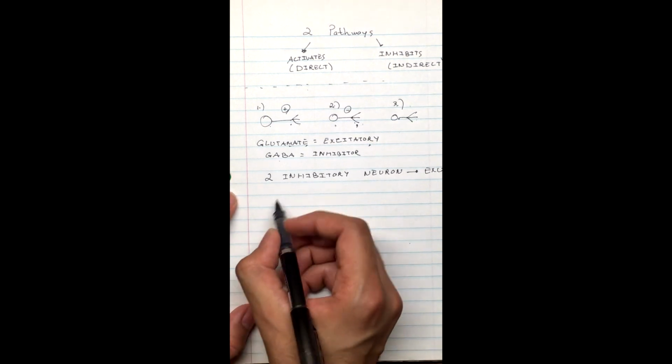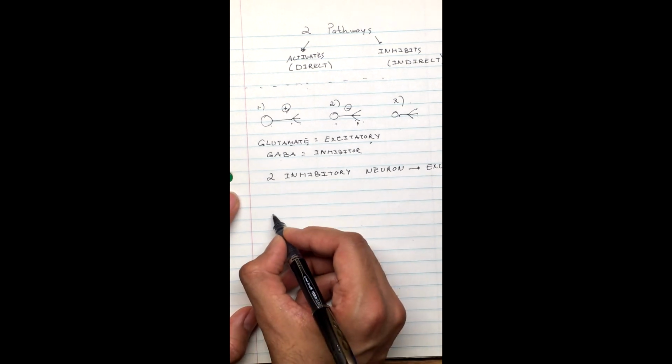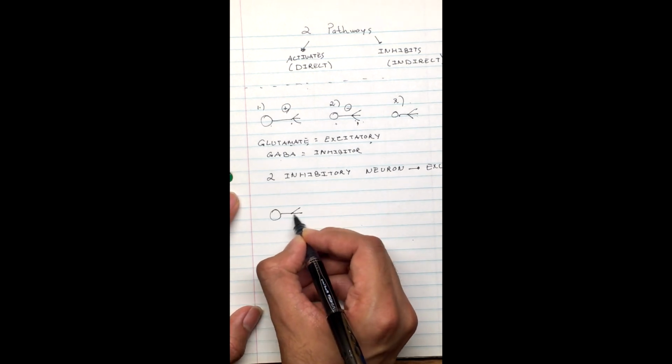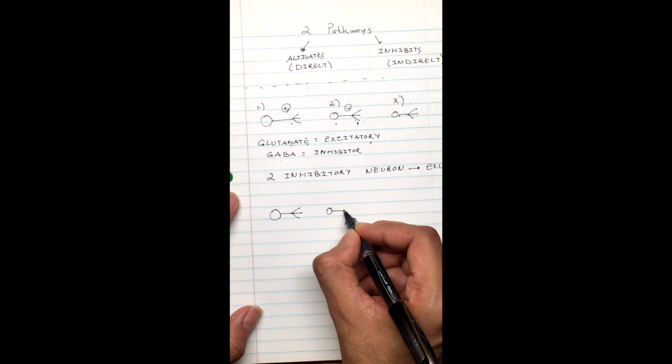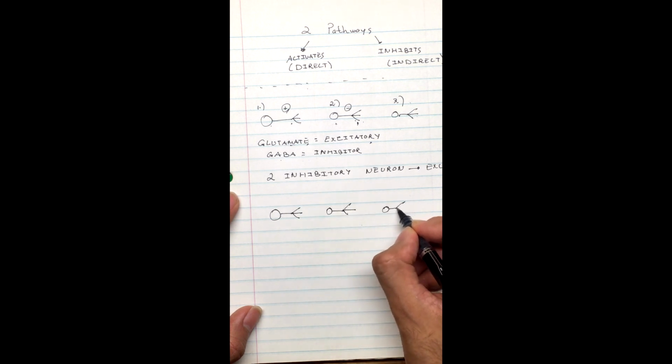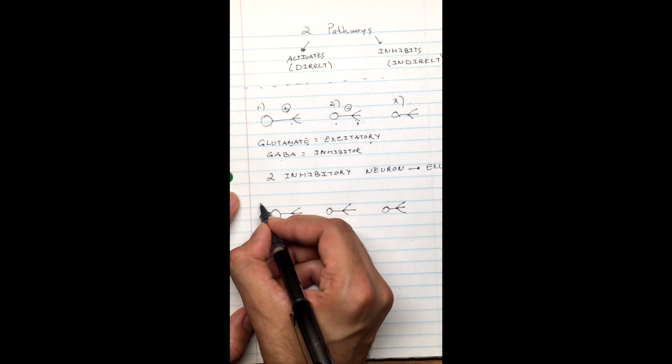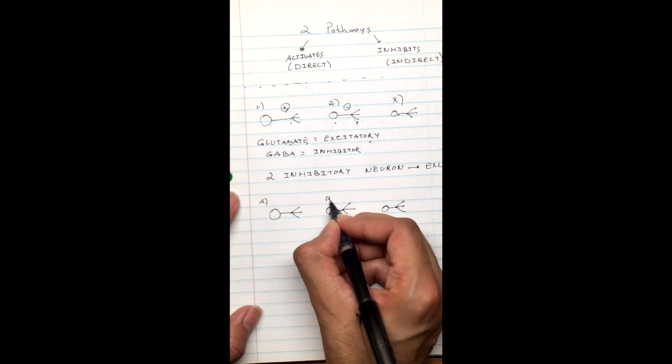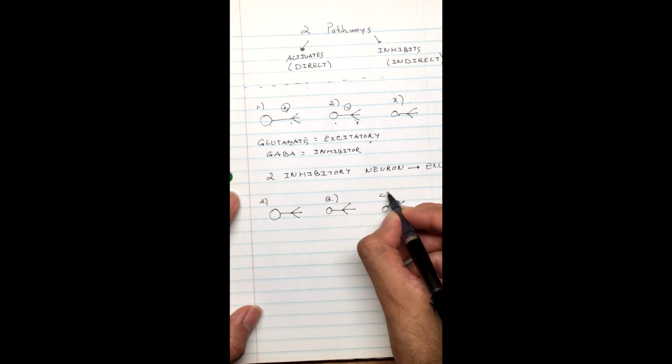So for example, let's suppose we have a neuron right here connected to another neuron, which is connected to another neuron. Okay, so we'll just say this is A, this is B, and this is C.